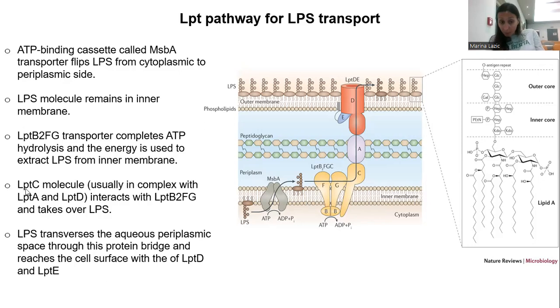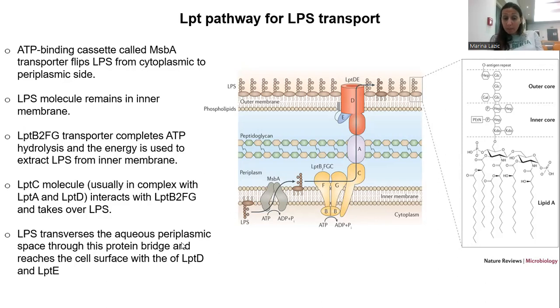Then you have another molecule called LptC that interacts with LptB, and when they interact, they literally take over this LPS that was previously made. You can see the coordinating function between MsbA, LptB, and LptC, taking over LPS and driving it through the inner membrane all the way down to the periplasmic space.